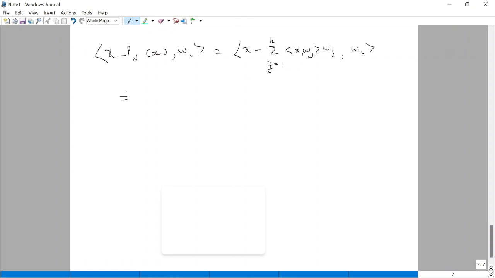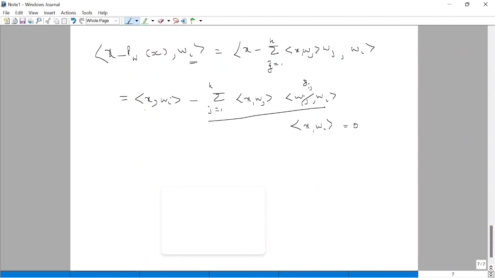The summation comes out, these are all scalars in the first variable, so they also come out: x with Wj, j running from 1 to k, and what do I have? The inner product of Wj with Wi. Remember here i is fixed, j is allowed to vary. This we know is delta ij. Therefore this is not 0 if and only if j equals i. If that be the case, this entire sum becomes the inner product of x with Wi, and therefore this is 0.